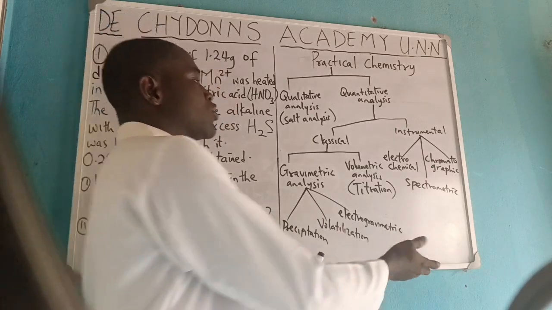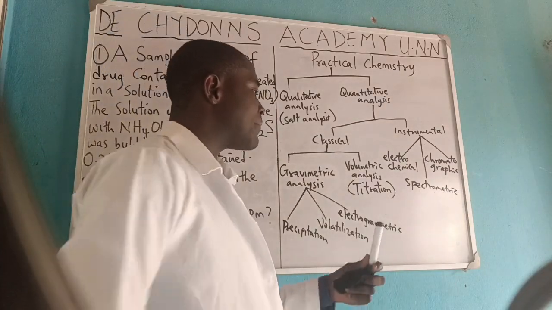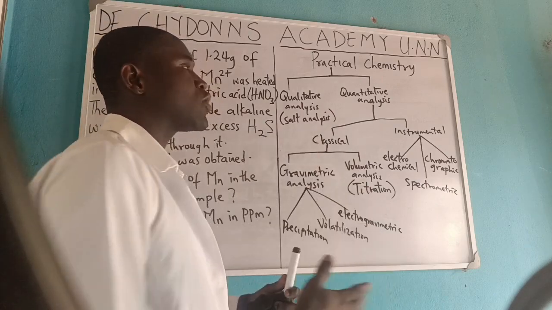That means these are methods: electrochemical methods, chromatographic methods, spectrometric methods. So these are the possible experiments we can do in practical chemistry.